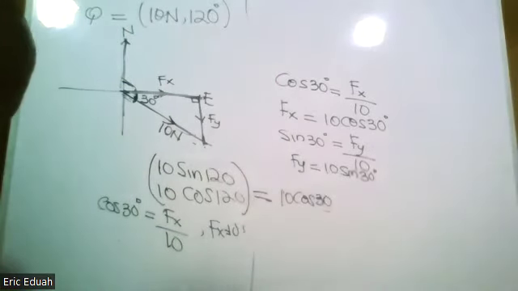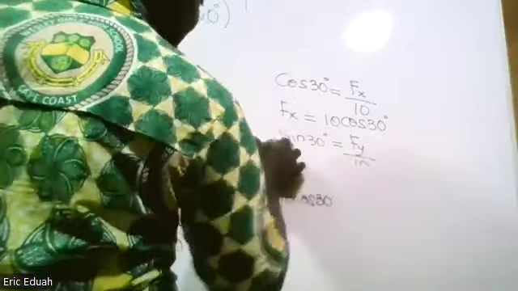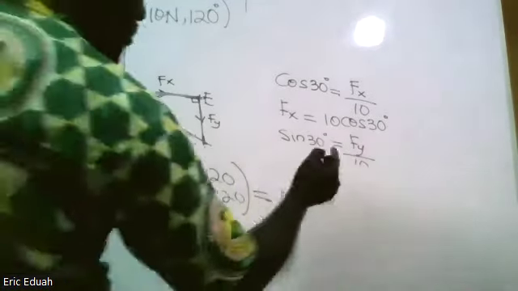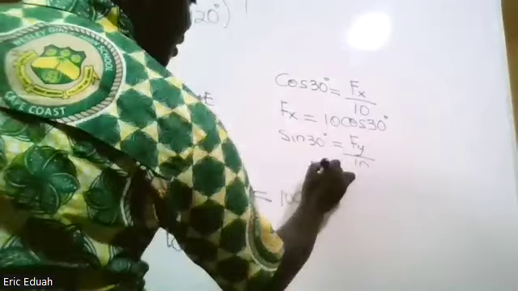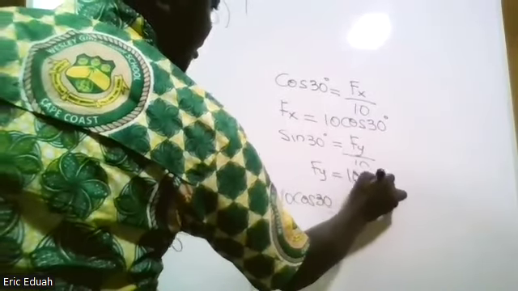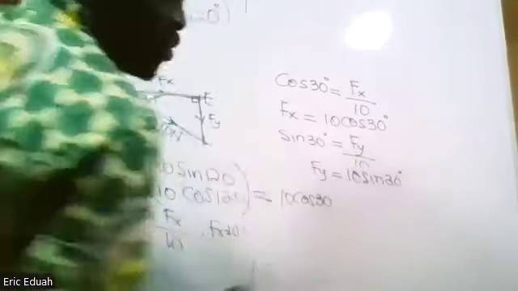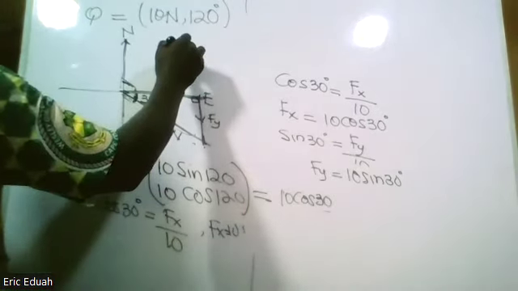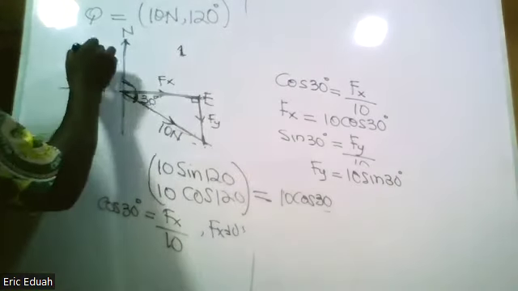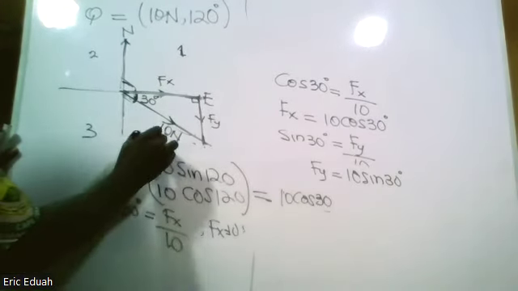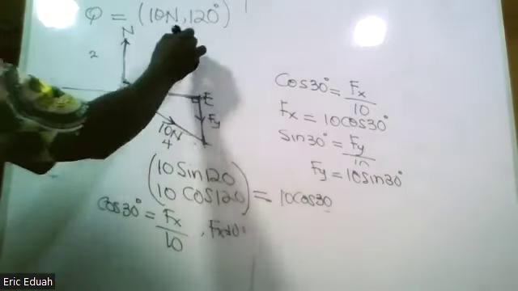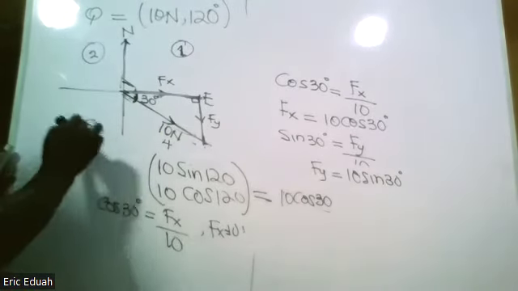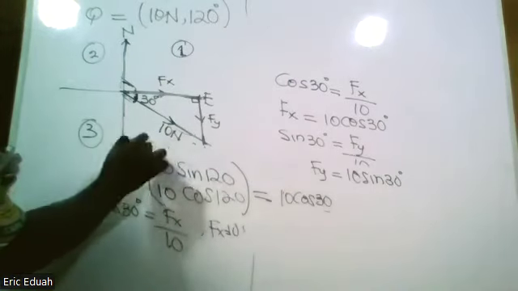Now, the other thing to pay attention to is this. Within this quadrant, whenever you move from the first quadrant, this is the first quadrant, 1, 2, 3, and 4. So first quadrant, second quadrant, and then the fourth quadrant.